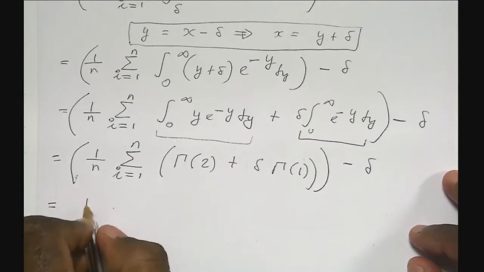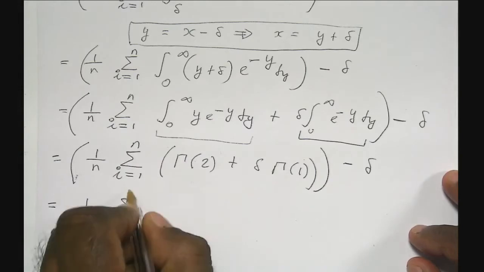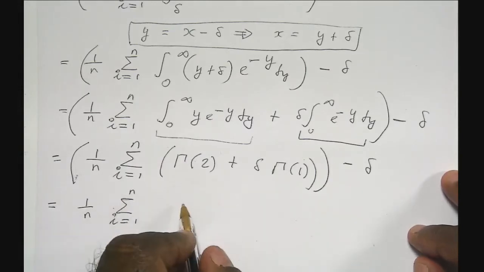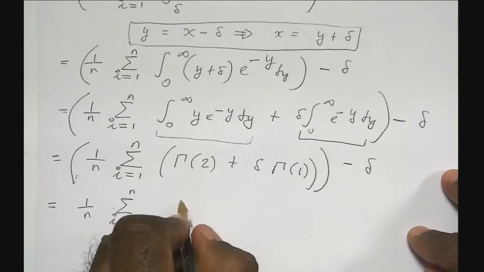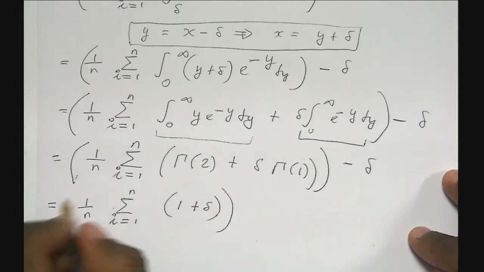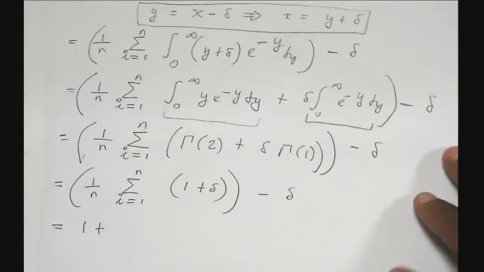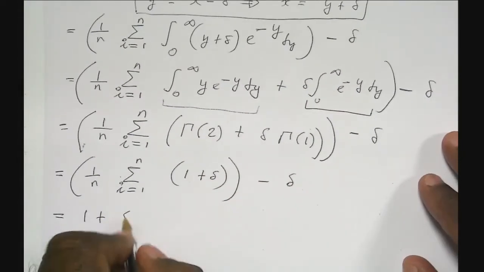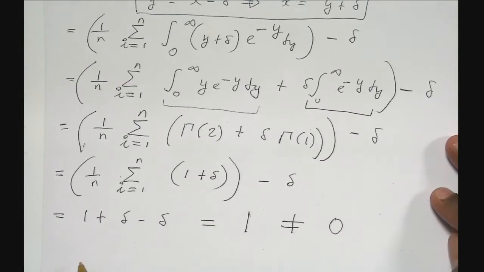So now, remember, gamma at n is n minus 1 factorial. So gamma 2 is 1, gamma 1 is 0 factorial, which is 1, and this is 1 plus delta minus delta, which is 1, which is not equal to 0.